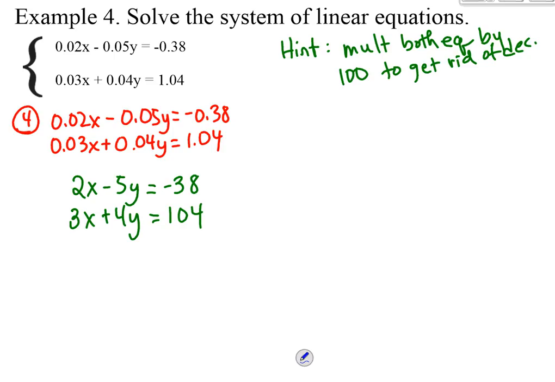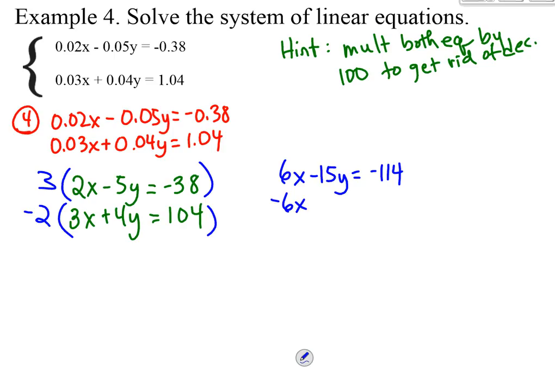And I'm always happy if a problem looks a little pleasant. This one I decided just to get rid of the x, because I haven't in the last one, even though the y's have opposite signs. So I'm going to multiply the first equation now by 3, the second equation by negative 2. And when I do that, I'm going to get 6x minus 15y equals negative 114. Negative 6x minus 8y equals negative 208.